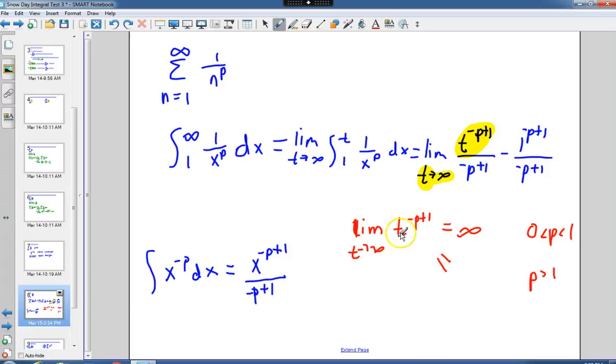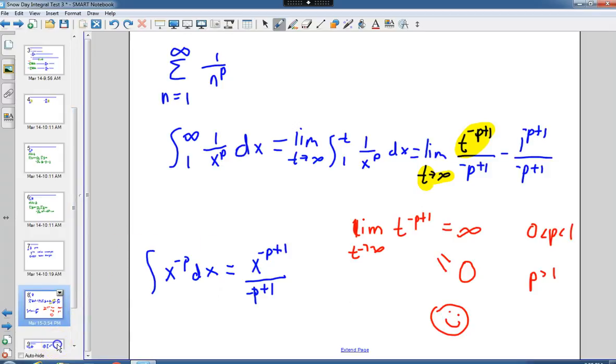When we plug infinity in for t, infinity to a negative exponent will always yield 0. So in this case, our improper integral converges, and so goes our p-series. This proves when a p-series converges and when it diverges. It's really dependent upon what the p-value is.